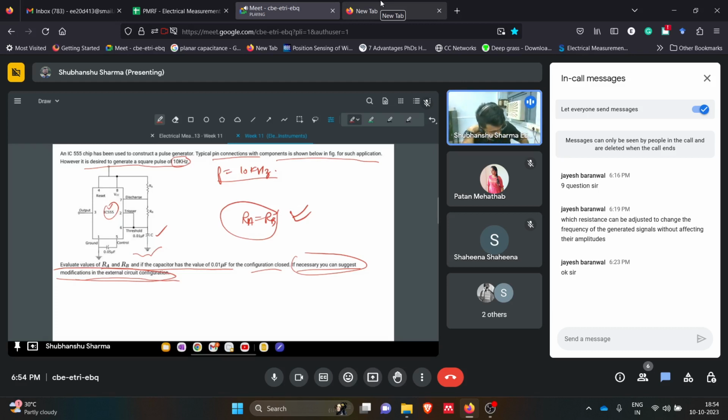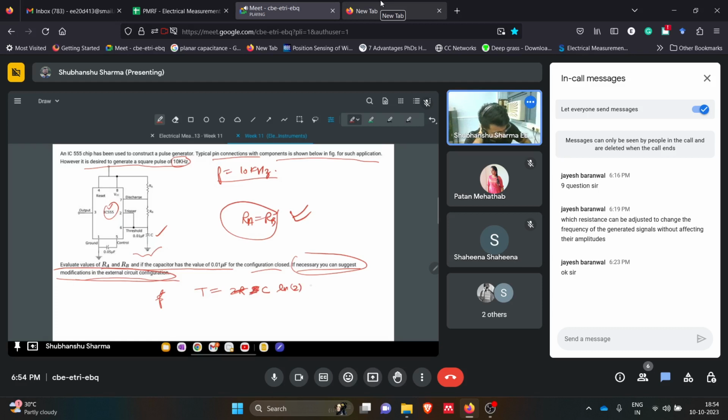So we know this. What is the total time period of an IC 555 timer? That is 2 RC. Sorry, no, no, 2C ln of 2. Sorry, there's no 2.